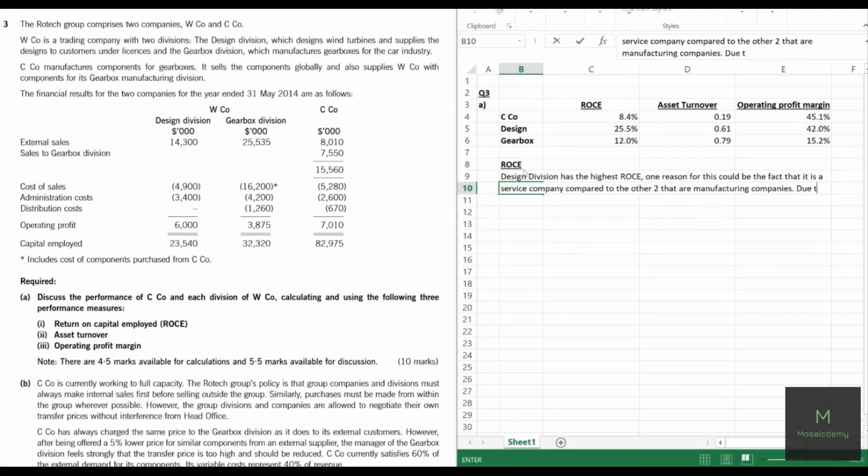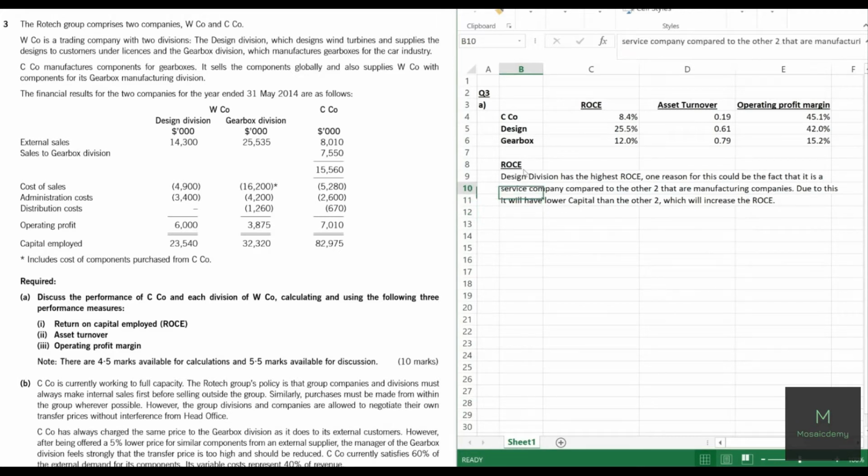Due to this, it will have lower capital than the other two, which will increase the ROC, right? So either your ROC is going to be higher if you have lower capital employed or a higher operating profit. So that's one explanation, okay?